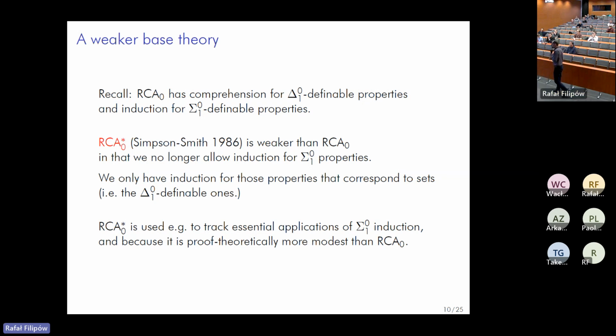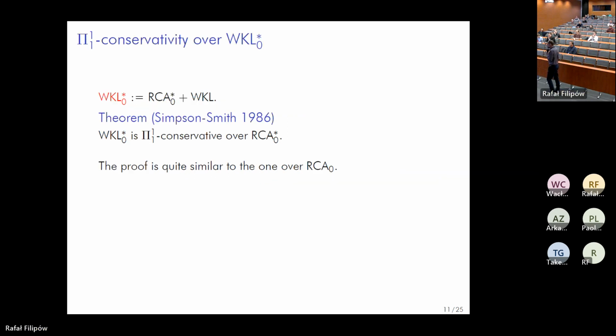And you can formulate a theory called WKL0 star that sticks weak König's lemma on top of RC0 star. And already in the paper introducing this, the '86 paper, Simpson and Smith showed that this is Π^1_1 conservative again.